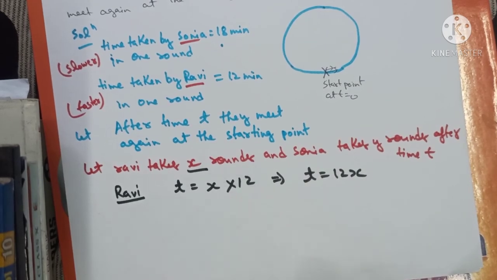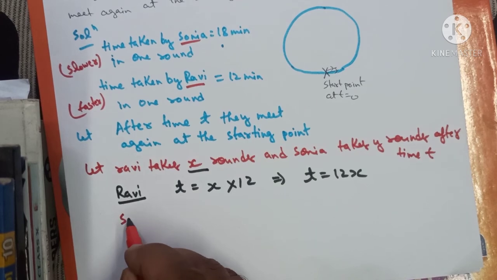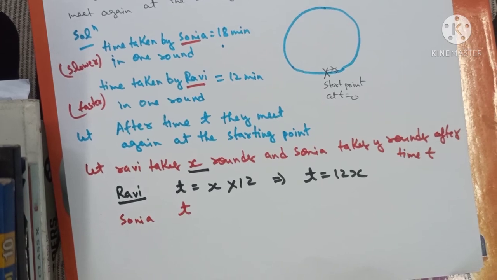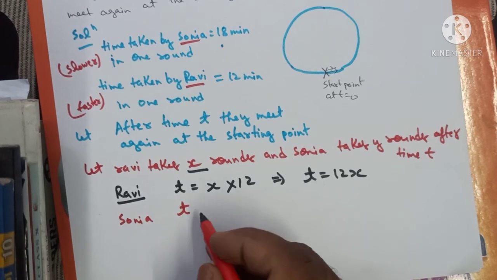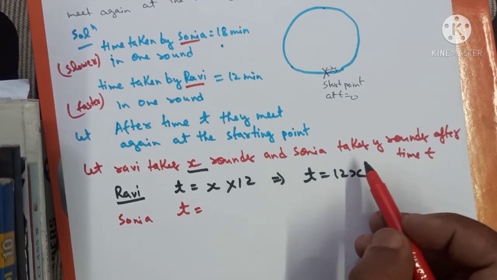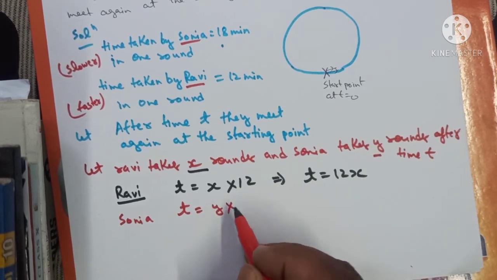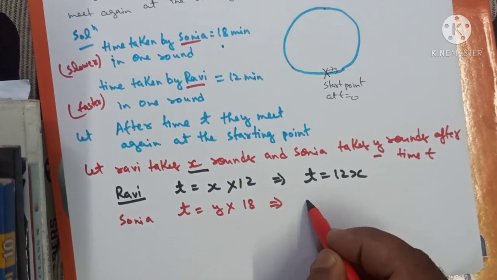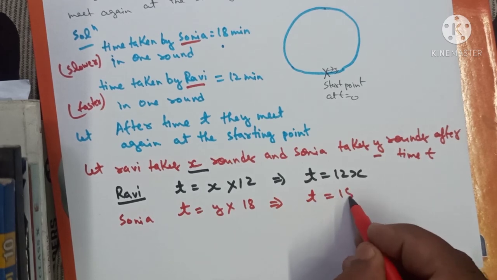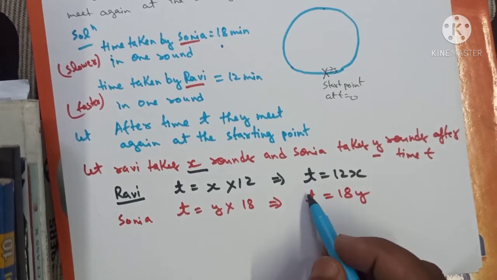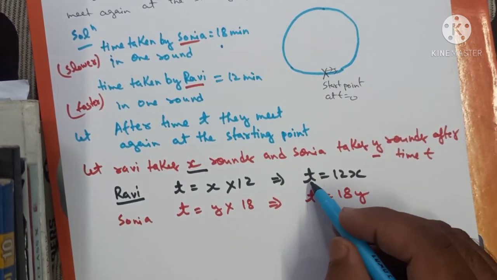Similarly for Sonia, the time taken will again be t, because they meet at that point after time t, so the time is the same in both cases. It equals the number of rounds by Sonia, y, times the time per round, that is 18. So t is equal to 18y.